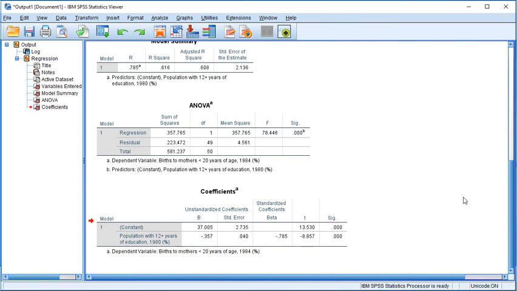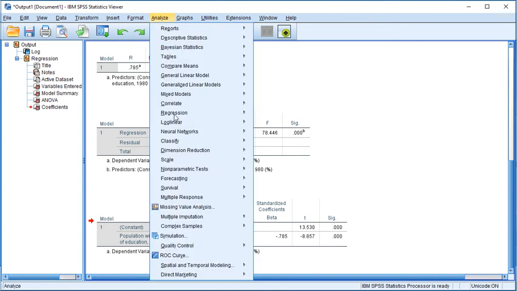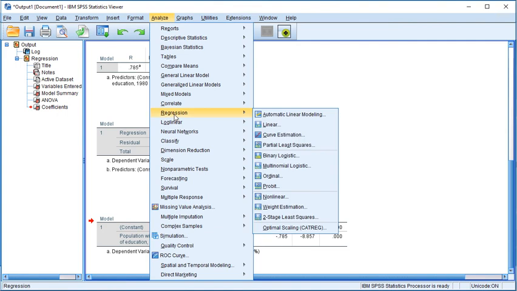The next thing I'll do is generate another regression model, but this time we'll have more than one regression coefficient reported, so more than one independent variable. Come back to Analyze, and I'll come down again to Regression, and choose the linear option.